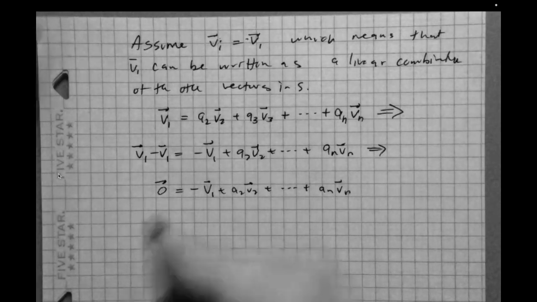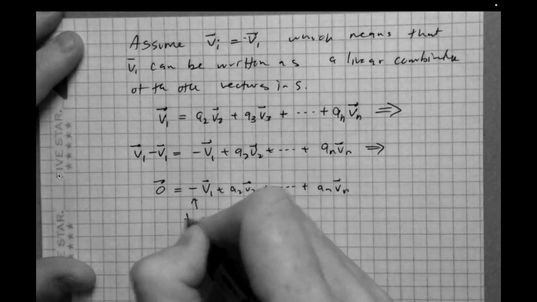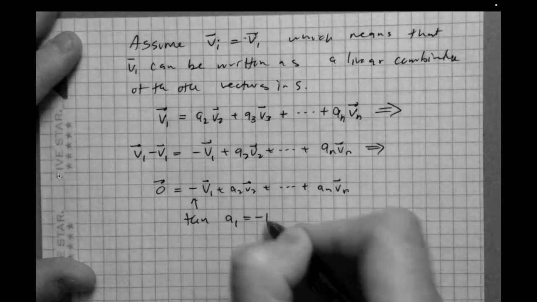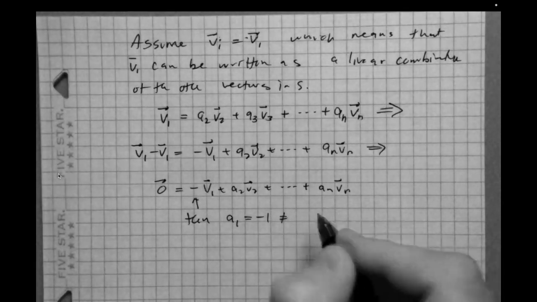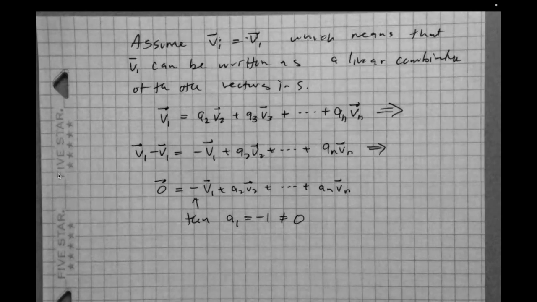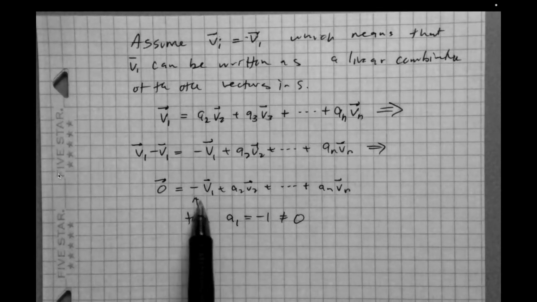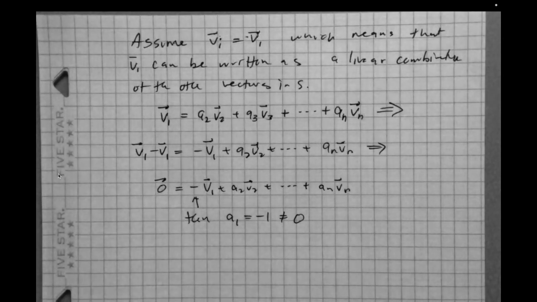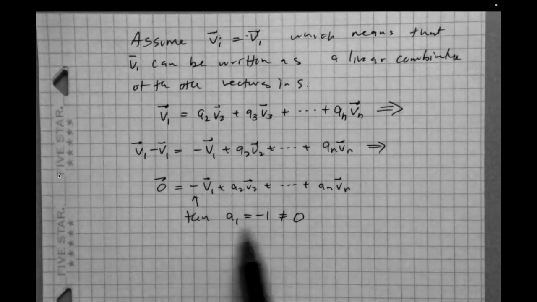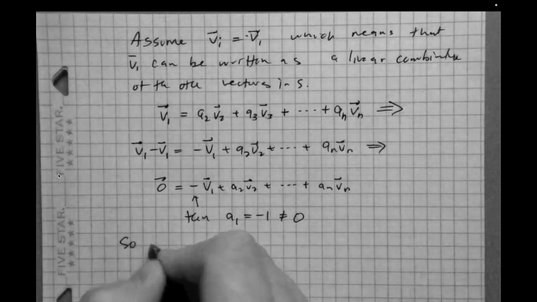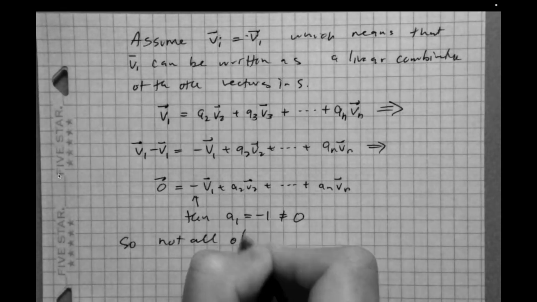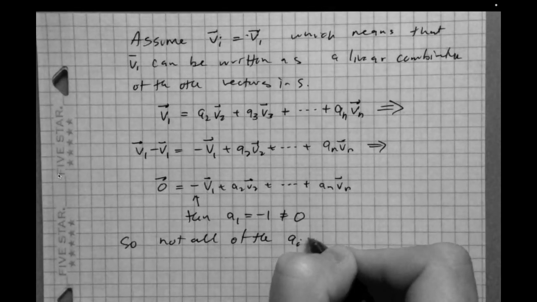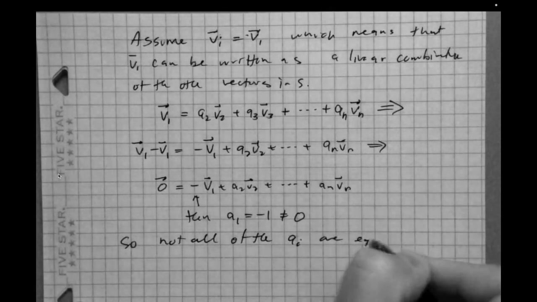Yes, this is it. So a1 must be equal to negative 1. Most important, it's not equal to 0. So a1 is non-zero, and this equation a1v1 plus a2v2 plus ... plus anvn equals 0 does not imply that all the coefficients are 0. Not all of the ai are equal to 0.